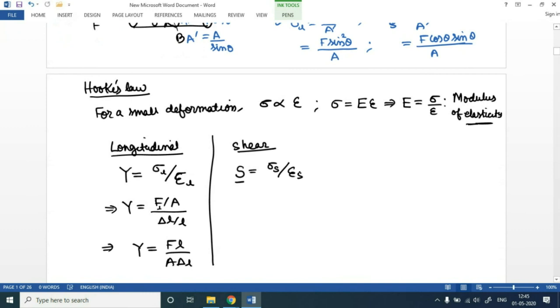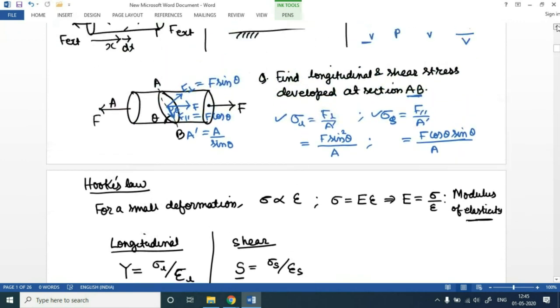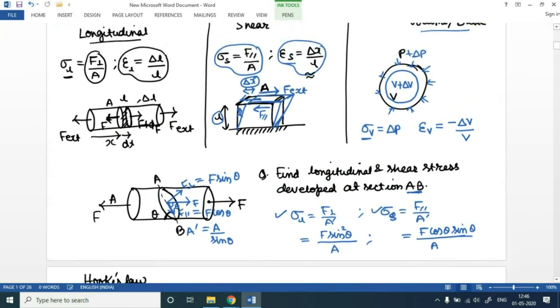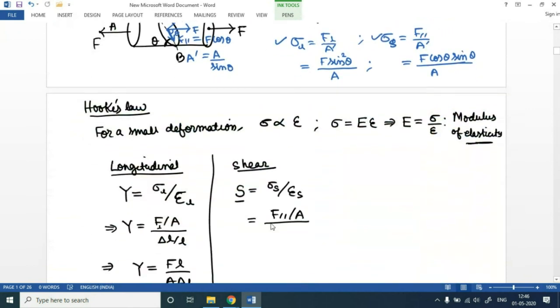And as we have learned, sigma s is nothing but F parallel upon area, and epsilon s would be nothing but x by L. And in the above diagram, I forgot to mention, this quantity will approximately be equal to tan theta also, where this angle is theta. So shear strain would be simply equal to tan theta, assuming theta is very, very small. This could be approximated as F parallel upon A theta.